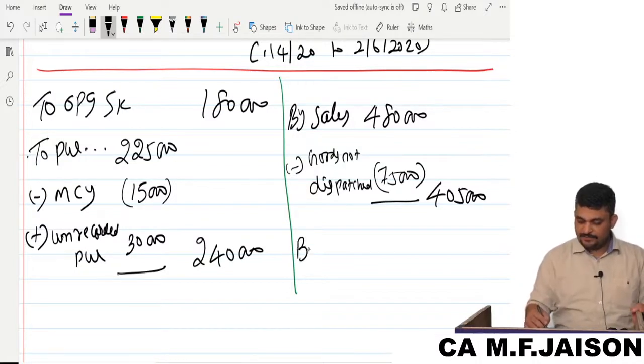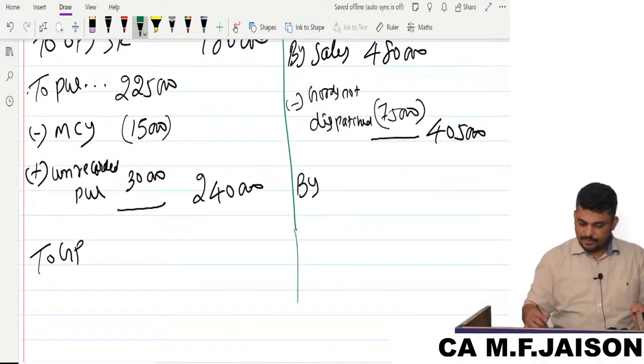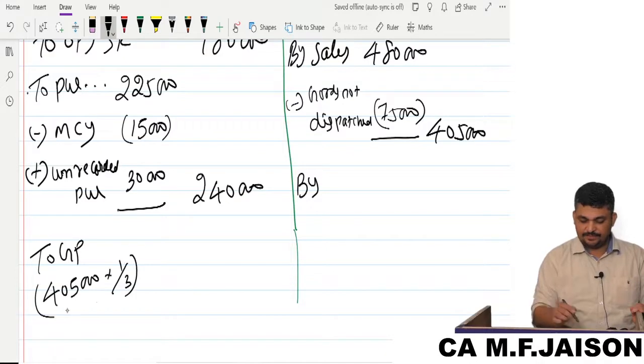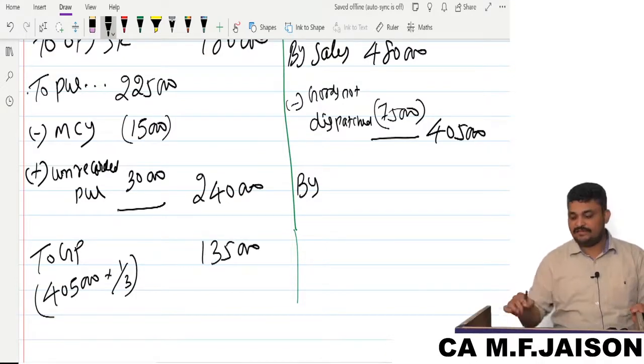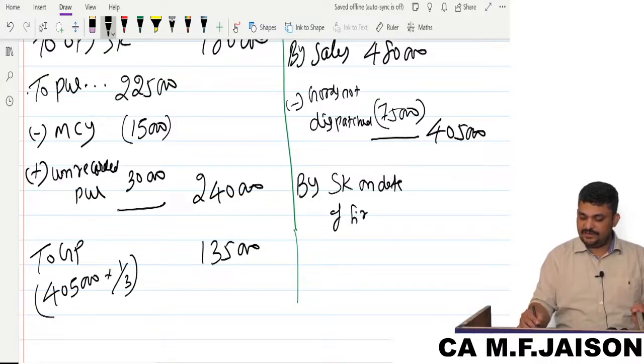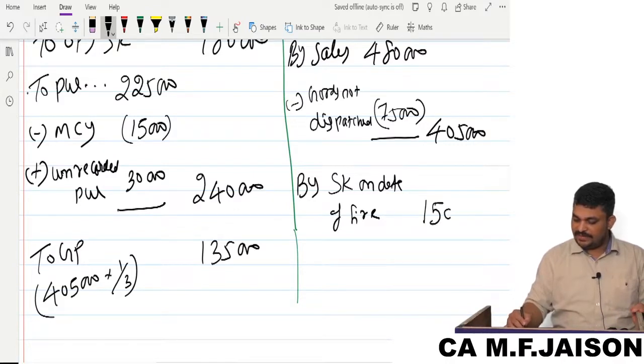And then we have, in fact, stock on date of fire. We need to consider gross profit also. So here it is 4,05,000 into 1 by 3, 1,35,000. So that we arrive the stock on date of fire as balancing figure. By stock on date of fire as balancing figure, how much is that? 1,50,000.